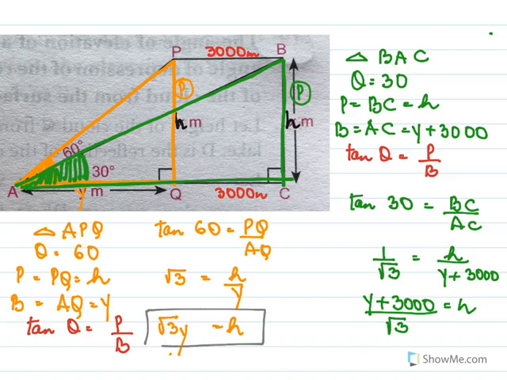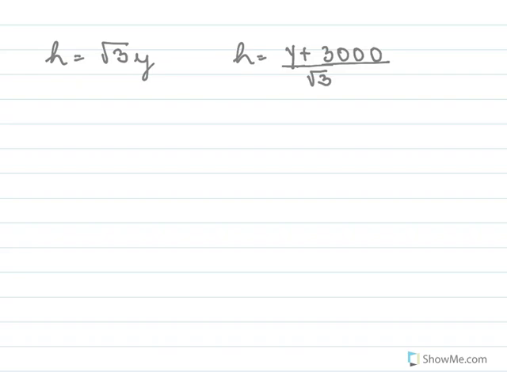So I have found h here in equation 1, and I found h here, and I will now equate for h. I will write h equals h. So root 3 y equals y plus 3000 over root 3.